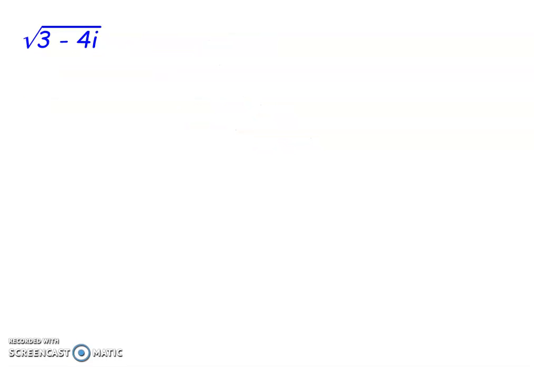And then the last question was that I wanted you to solve the square root of 3 minus 4i, giving your answer in the format z equals a plus bi. Now this is the one where we set it equal to a plus bi, work it through by squaring both sides, get ourselves a quadratic and find our a and our b. So in this case, what I'm able to say is that a plus bi, all squared, equals 3 minus 4i.